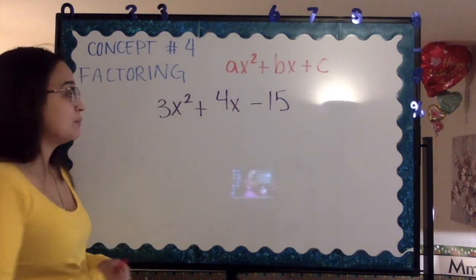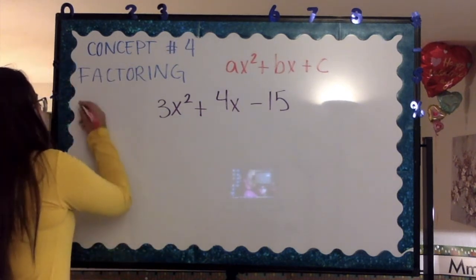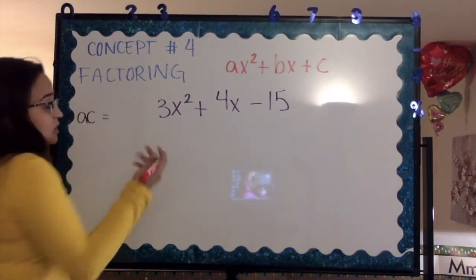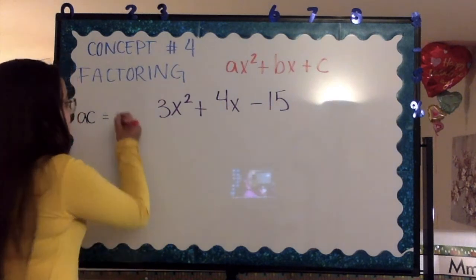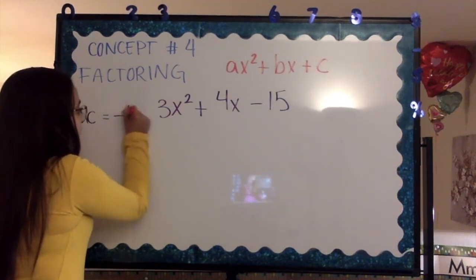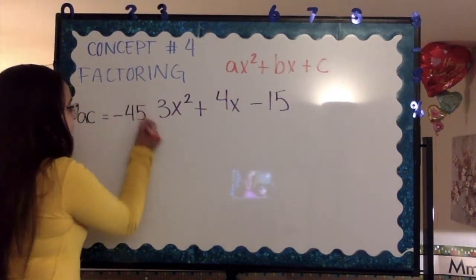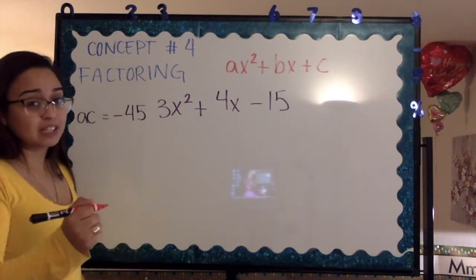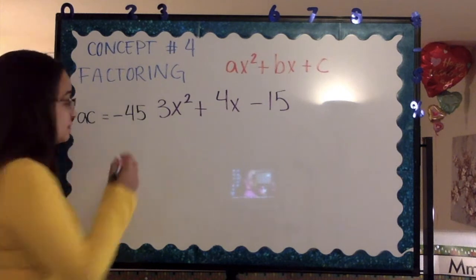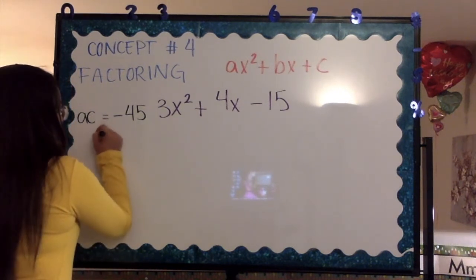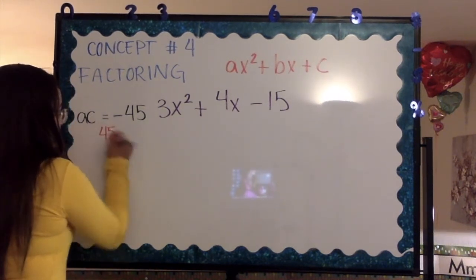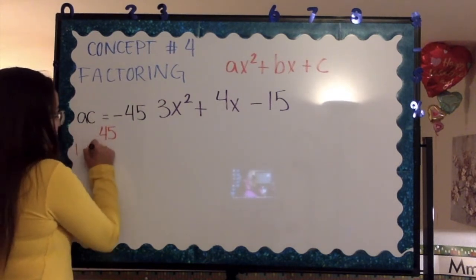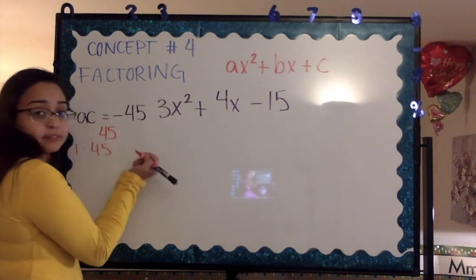Our first step is to combine by multiplying a and c, which in this case equals negative 45. What we're going to be doing now is factoring 45. So, the factors of 45 are 1 and 45.